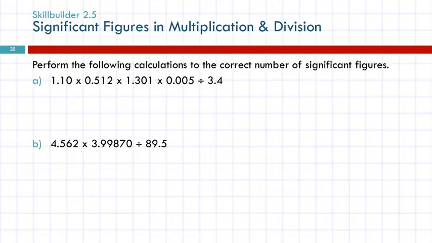So to do this number, the first thing we want to do is type all of this into the calculator and then write down everything the calculator says. So I've got 1.10 times 0.512 times 1.301 times 0.005 divided by 3.4 equals, and my calculator gives me a mess, as it so often does.